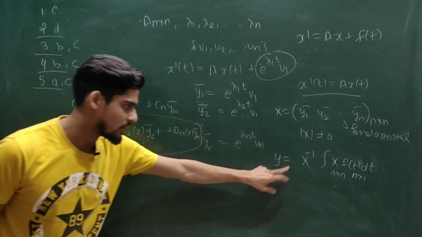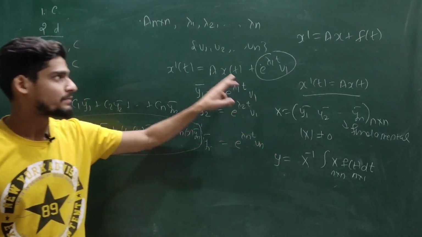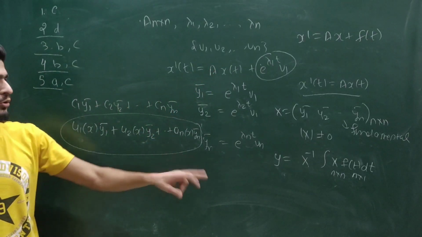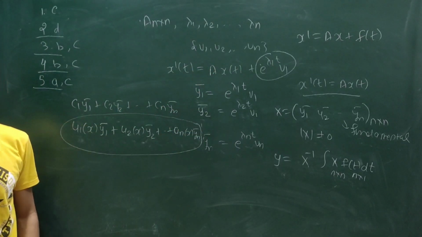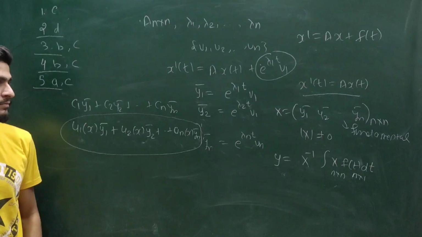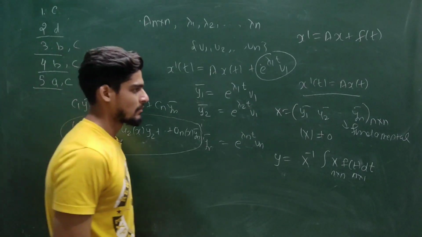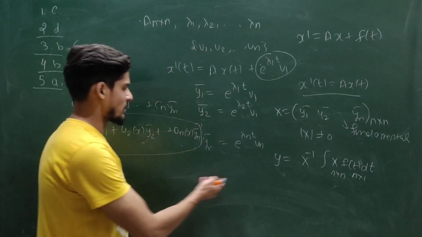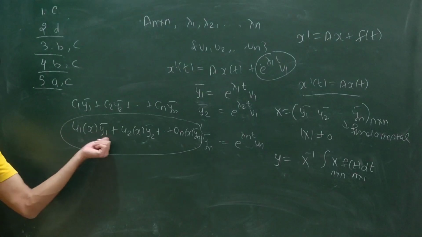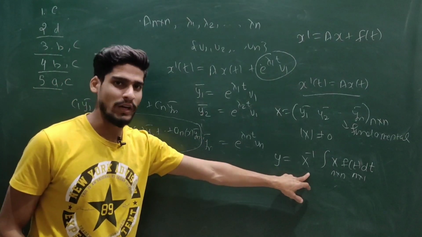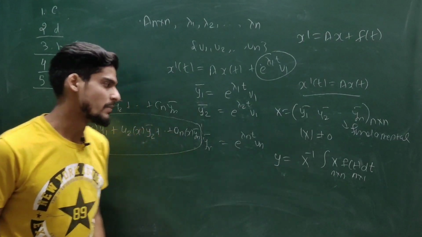If you use this theory, you can attempt it in your subjective papers. You cannot attempt it in your CSIR NET examination. So this is the theory part, and you use this condition to derive this formula. Trust me, you can derive it.